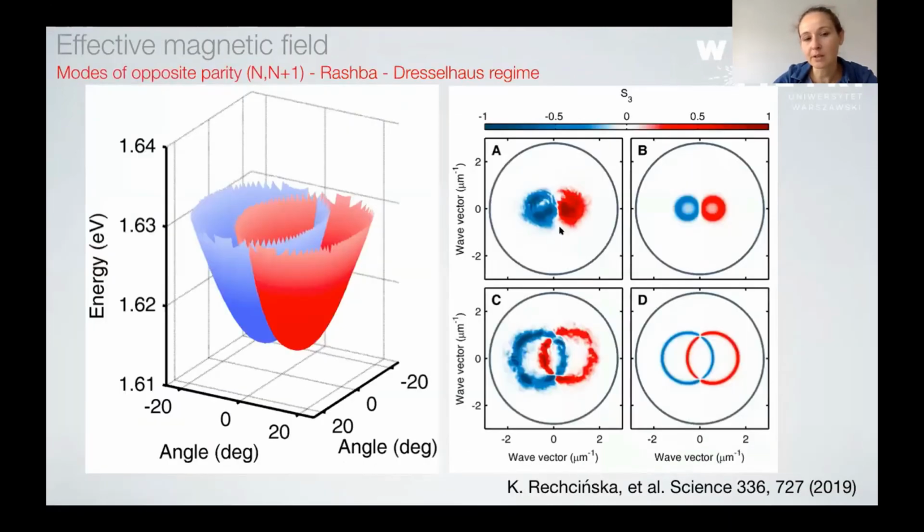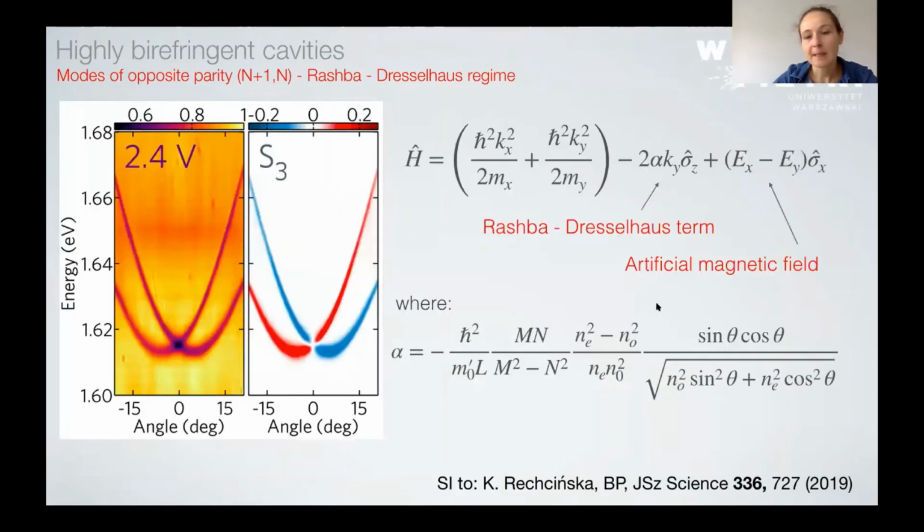So if we make the cross section, we have the two parabolas. One is sigma plus polarized, the second is sigma minus polarized, and they are split in the momentum space. And now there is this Hamiltonian that demonstrates this linear splitting with the momentum. This will be this Rashba-Dresselhaus term.